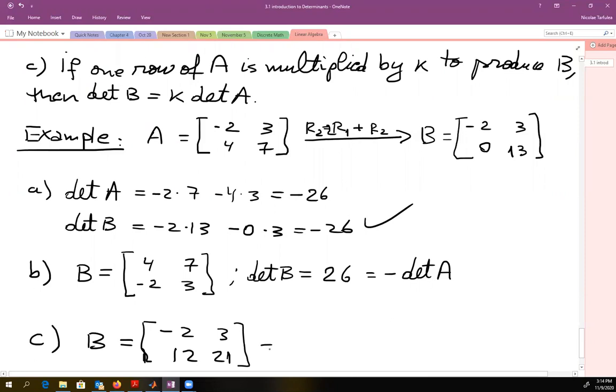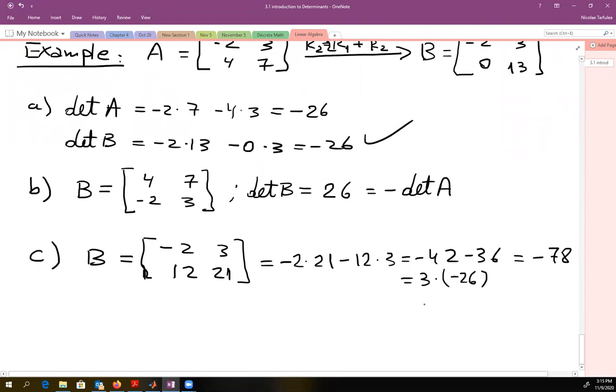Negative 2 times 21 is minus 42, minus 12 times 3, so minus 42 minus 36 equals minus 78, which, by the way, is just 3 times negative 26. And so this is 3 times the determinant of A. And that checks out, the third property.